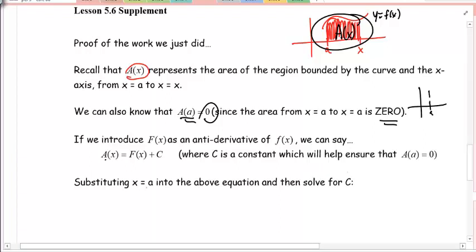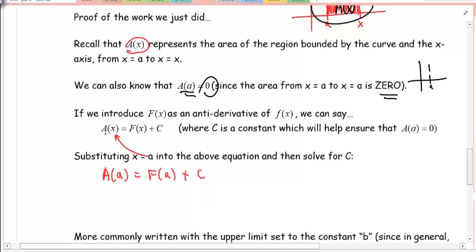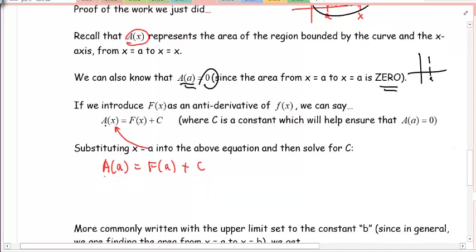Now, if I were to substitute x equals a, so A of a equals F of a plus c. What did you just say A of a was? This was equal to 0, yes. So 0 equals F of a plus c. And if I ask you to solve for c, then c just equals negative F of a.